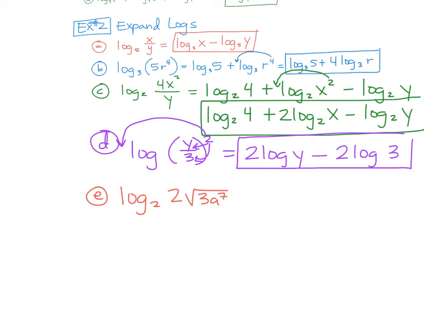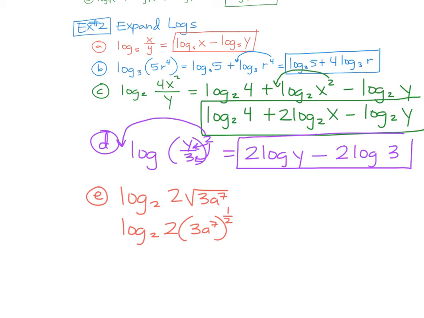Now, when you see a radical in there, a square root, for instance, is what power? The 1/2. So I would rewrite this as log base 2 times 3a to the 7th to the 1/2. Okay? Because then you can think of it a little easier as the separate pieces.